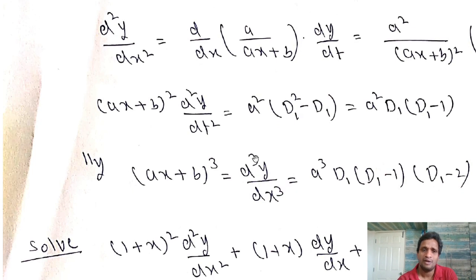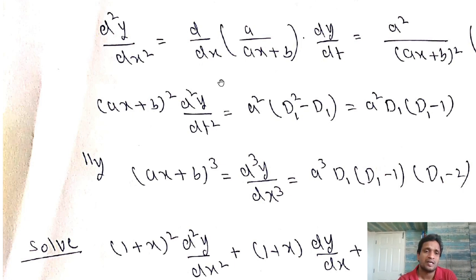Here I am finding d^2y/dx^2 = d/dx of (dy/dx). For dy/dx, I have got a/(ax+b) times dy/dt. If I simplify this, the derivative of 1/(ax+b) gives a/(ax+b)^2, and a times a becomes a^2. Simplifying totally, it becomes a^2/(ax+b)^2 times (d^2y/dt^2 minus dy/dt).